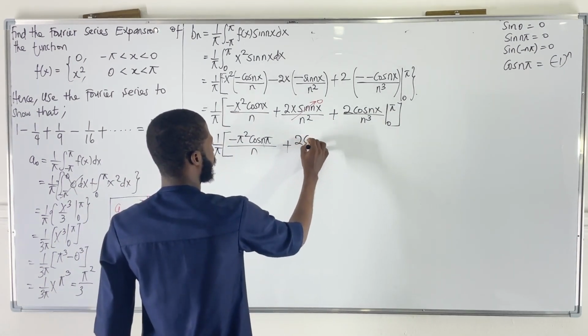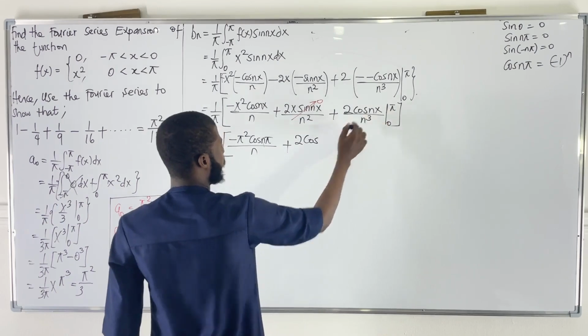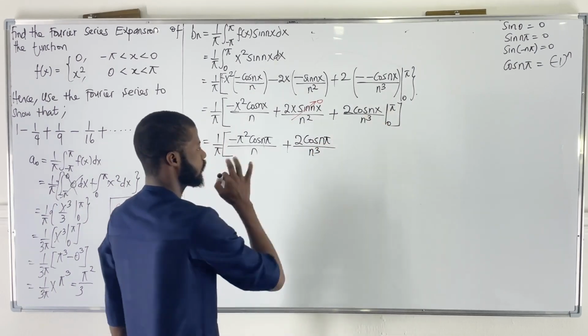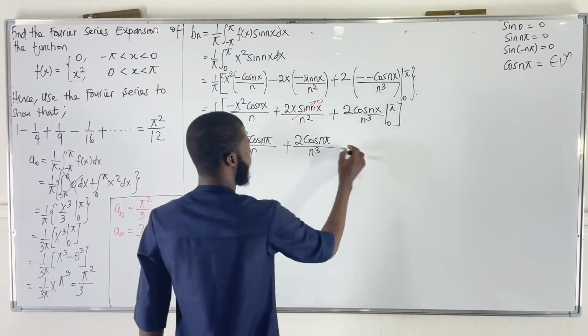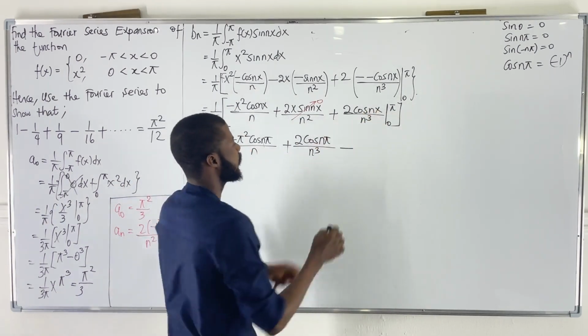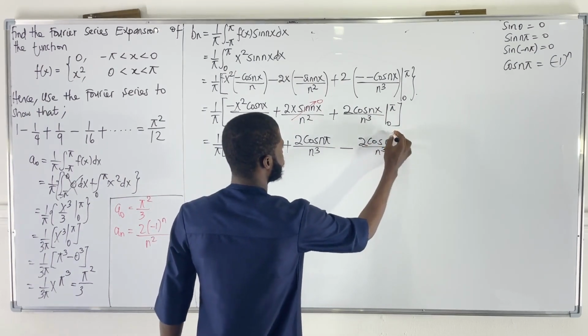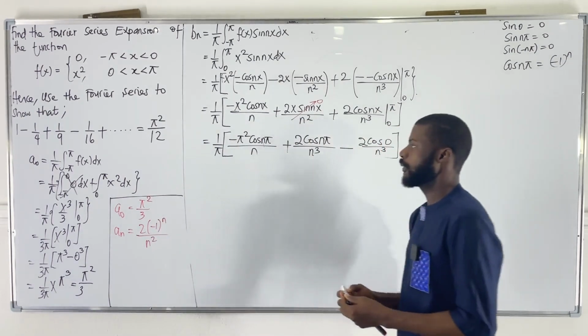Plus 2 cos, let's put in our pi here, the upper limit. This will be n pi over n cubed for this very one. And then minus, the next one, x will be 0, so this will be 2 cos 0 over n cubed. All right.